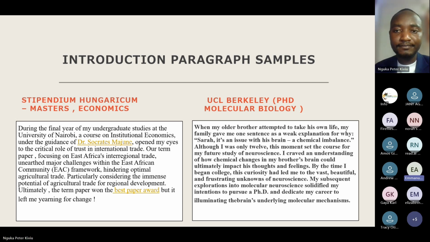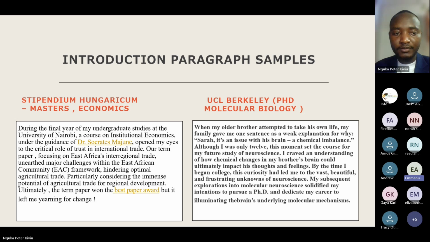So during the final year of my undergraduate studies at the University of Nairobi, a course on institutional economics under the guidance of Dr. Socrates Majun opened my eyes to the critical role of trust in international trade.